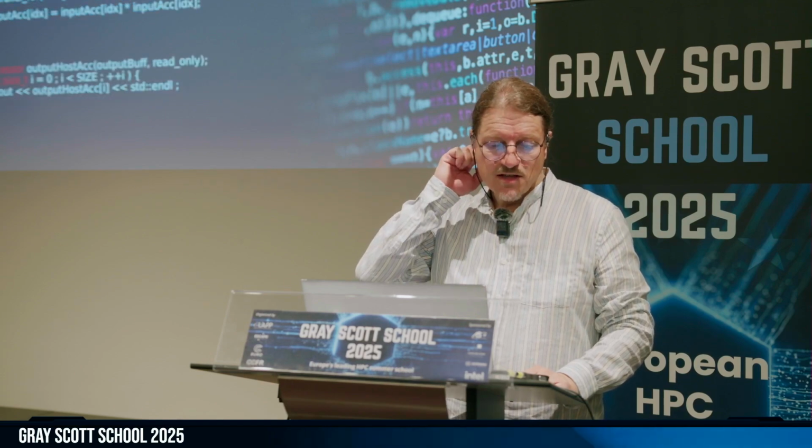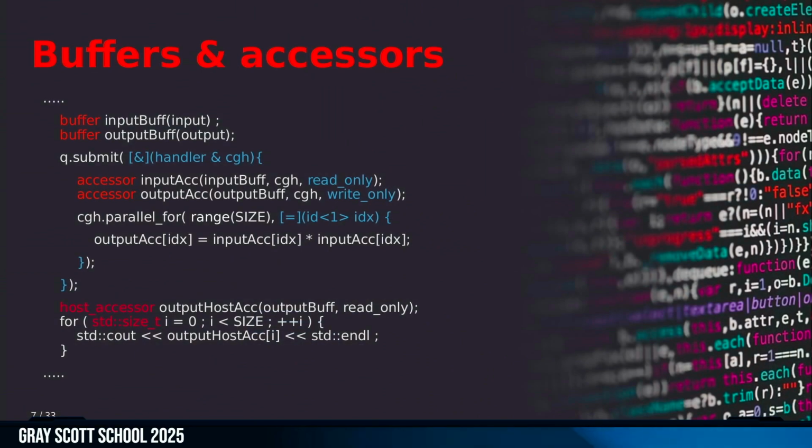The typical way, as we said last week, the original way to do computations with SYCL is to use buffers and accessors. First you create buffers on top of your input data, your arrays, whatever. Then you submit a job on the queue, which will be forwarded to the device.